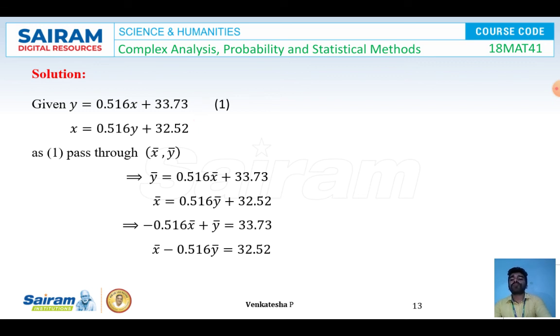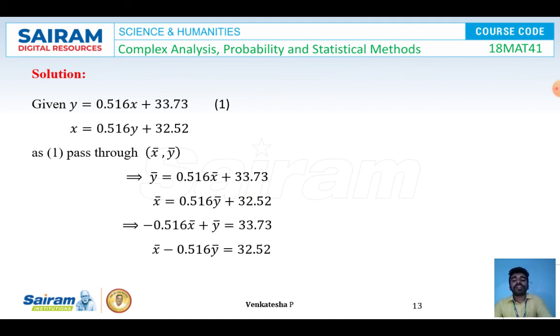So now if I assume that these equations pass through the point x bar and y bar, it means that converting x as x bar and y as y bar, I got y bar is equal to 0.516 x bar plus 33.73, x bar is equal to 0.516 y bar plus 32.52.